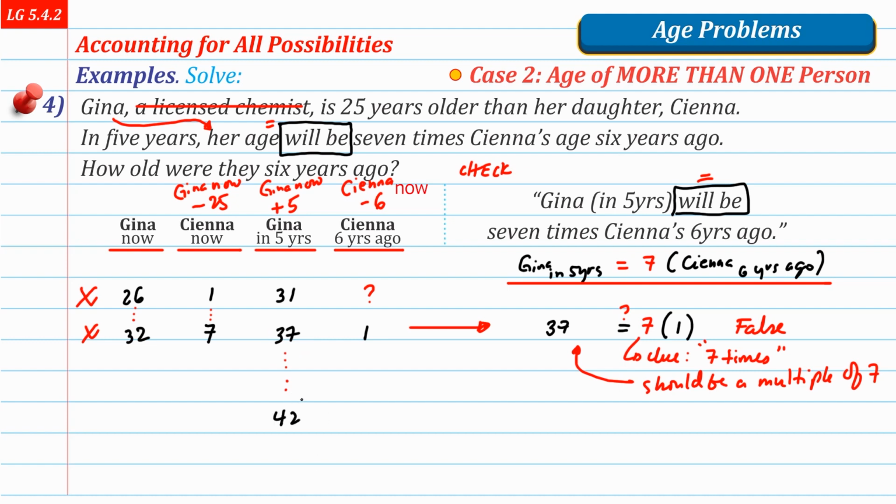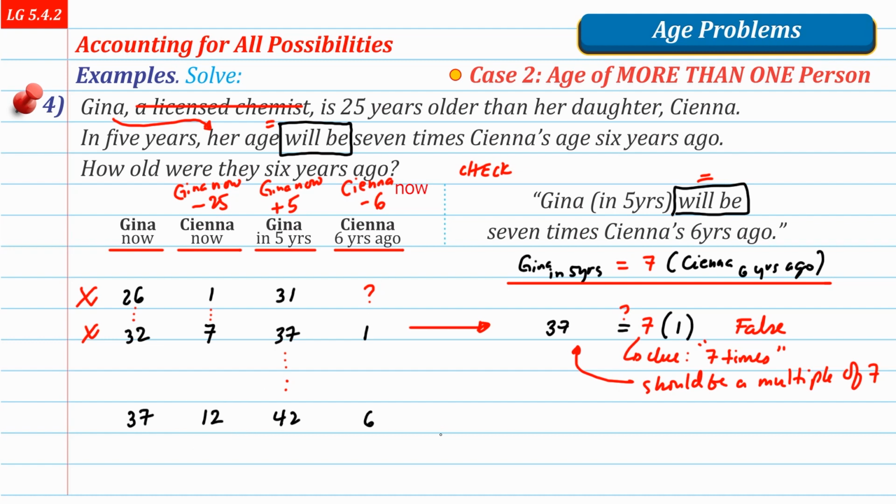Diba? Kung 42 si Gina in 5 years, kung 42 siya, ano si Gina now? 37. Ulit, if Gina in 5 years is 42, she is 37 now. Therefore, Shena now is 37 minus 25, which is, ano? 12. Tama ba? Therefore, kung 12 siya, 6 years ago, ano naman si Shena?